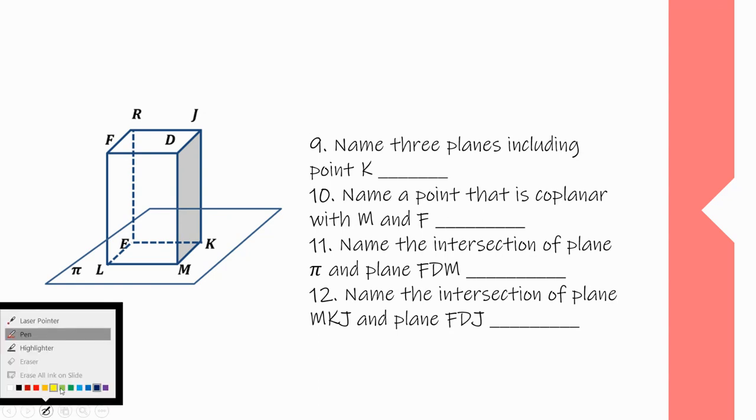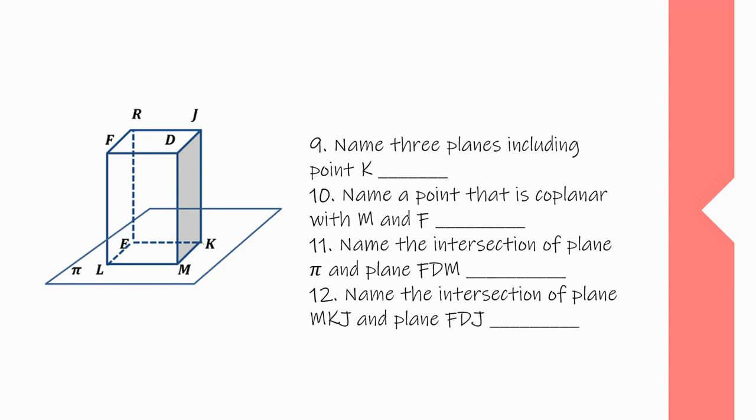Point K is on this bottom plane, which they've called pi. So there's one plane. Point K is also on this shaded plane.